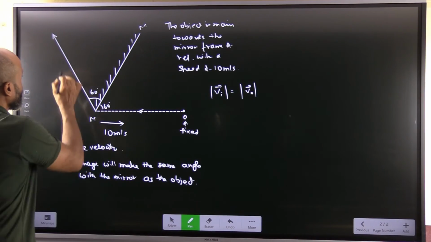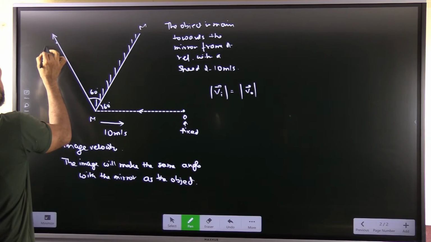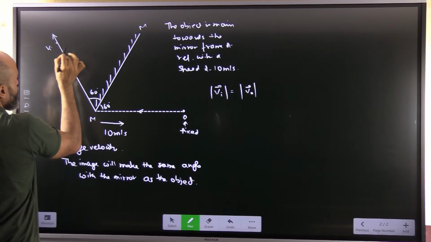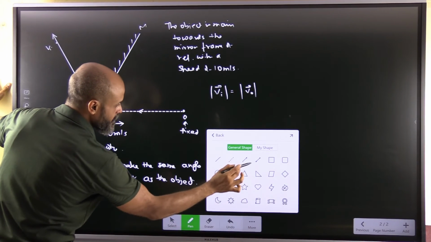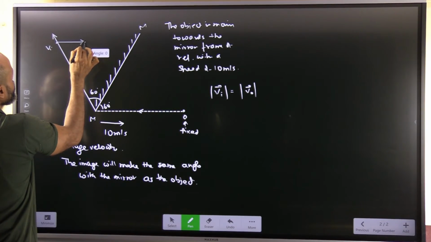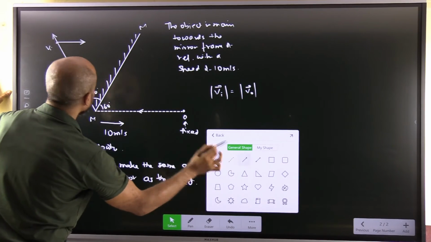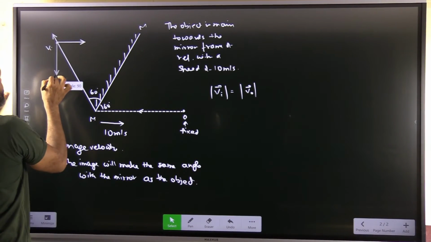Now let's say I take this object here. So this is basically the image. Now let's look at its components out here. If I create its components, this is one component and the other component will be in this direction.